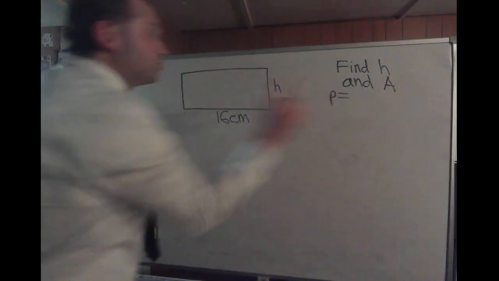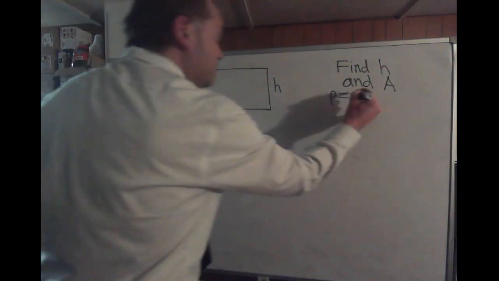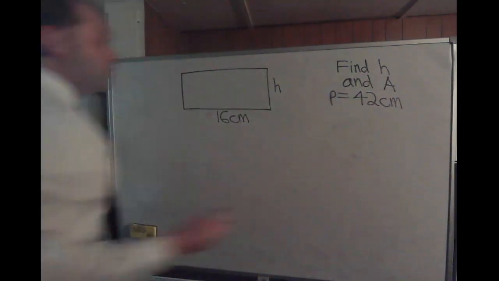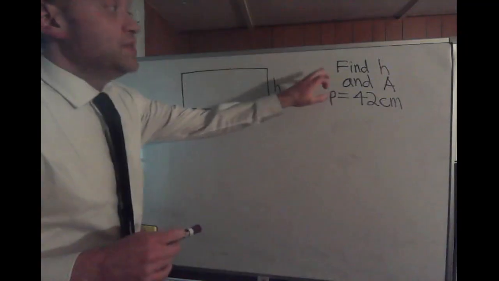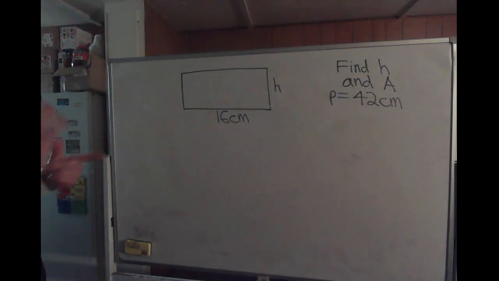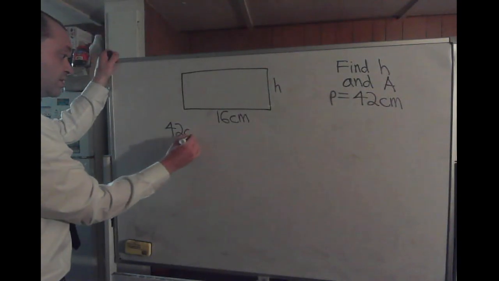They give us that the perimeter in this case is equal to 42 centimeters. So first things first, we need to find the height, which means we need to base this off the perimeter.